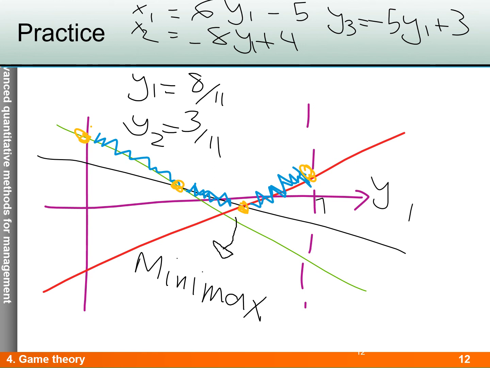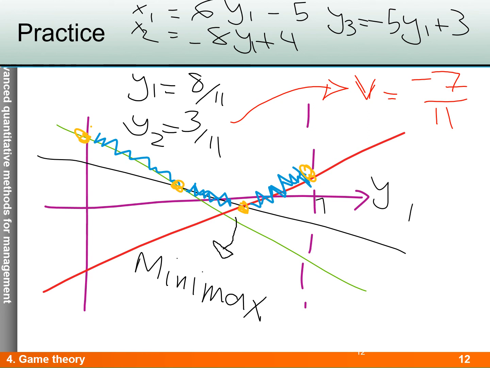So simply, if I put these 2 items in the lines that form this point, that was line 1 or 3, in each of them, I will obtain the value of the game, equal to -7 divided by 11.